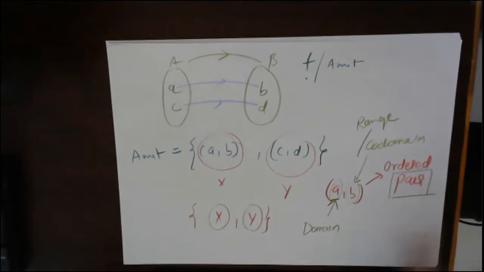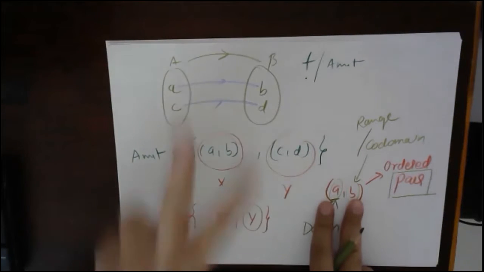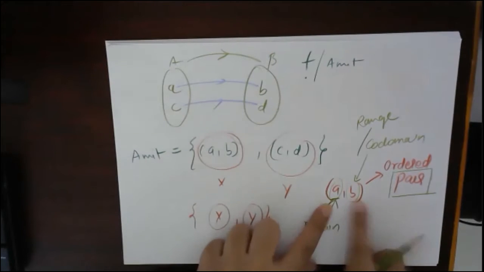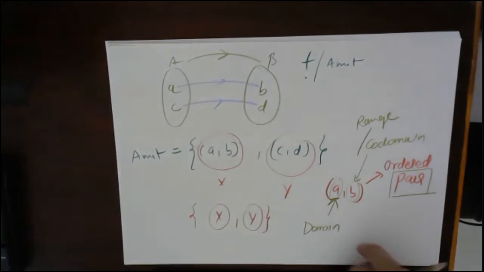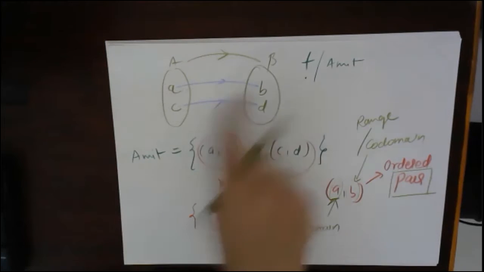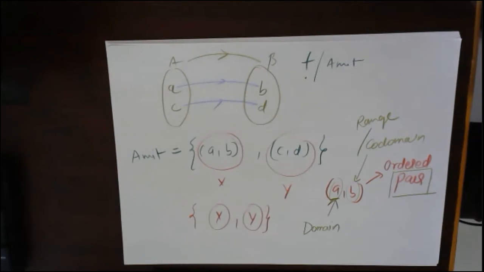A pair, why? Because this has two elements in it, and the first element is coming from the domain and the second element is coming from the codomain. Okay, see what I have done is, now I am trying to write the elements of the relation in a compact way.